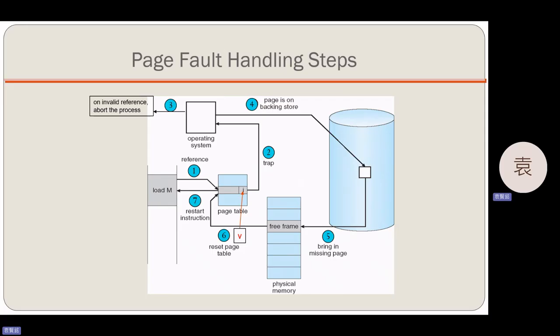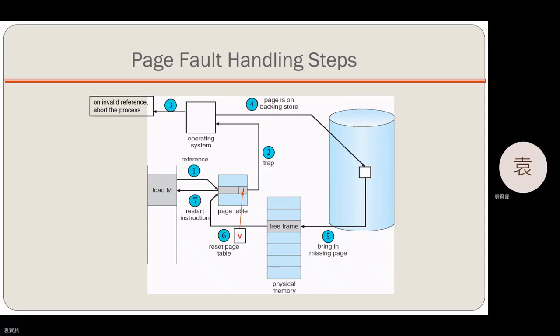Then you go to the backing store, bring in the missing page to physical memory, and you allocate any free frame to this particular page. And then configure the corresponding page table entry to change invalid to valid.